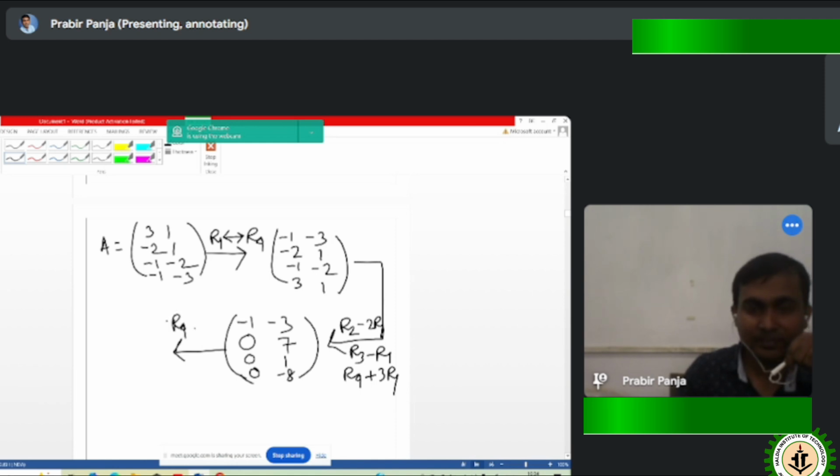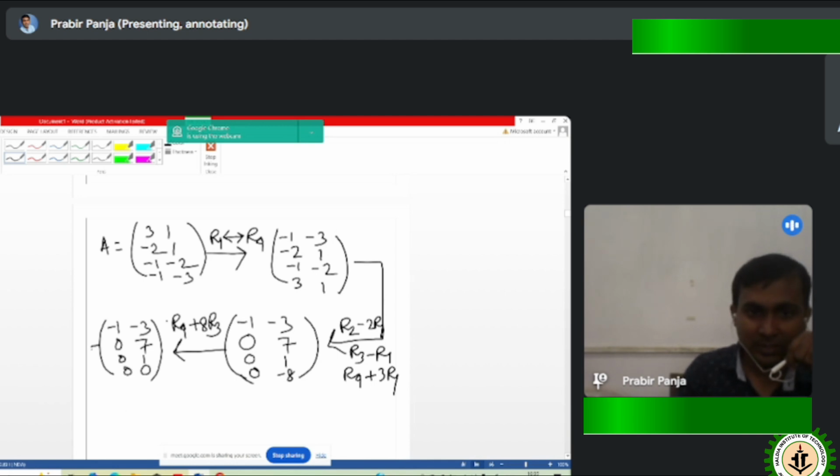R4 plus 8 into R3, then it will give us minus 1 minus 3, 0 7, 0 1, 0 0.